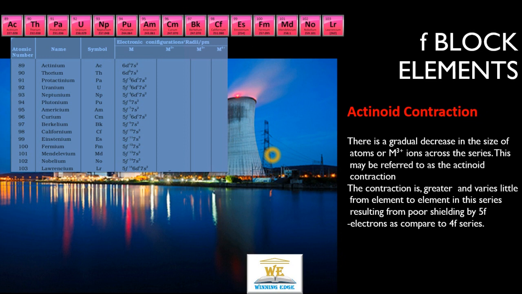Somehow the d electron is shifted to the f orbital. Plutonium, so it's important, 5f6 7s2. Neptunium is 5f4 6d1 7s2. Americium 5f7 7s2, and so on. But remember, uranium 5f3 6d1 7s2, 92.